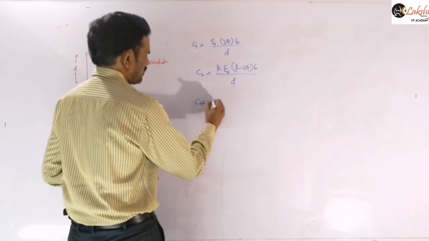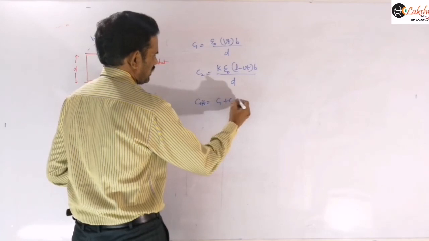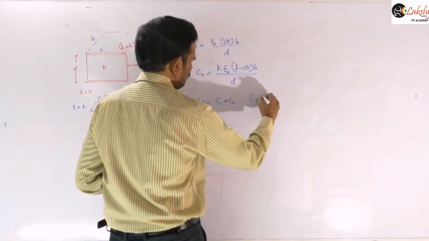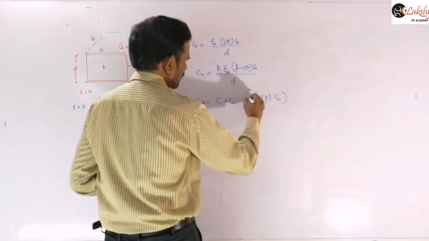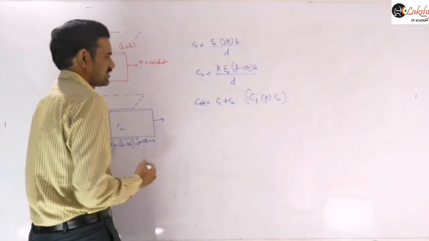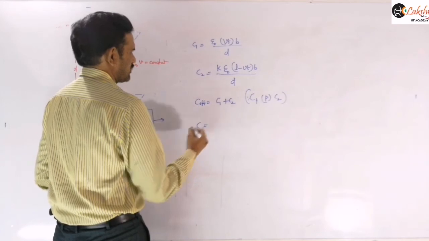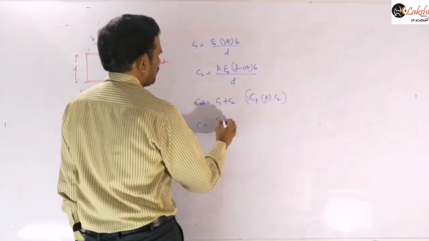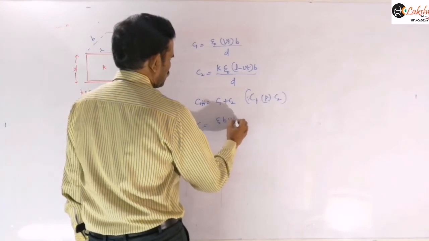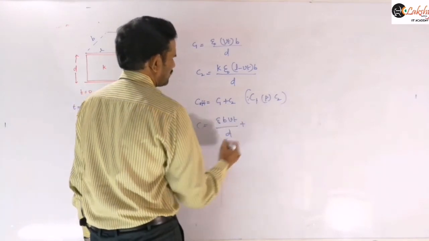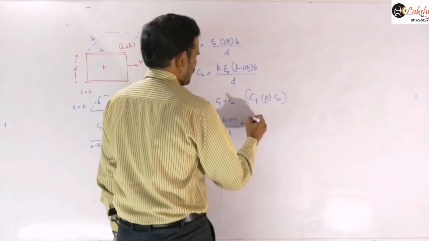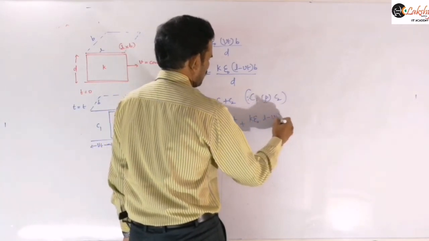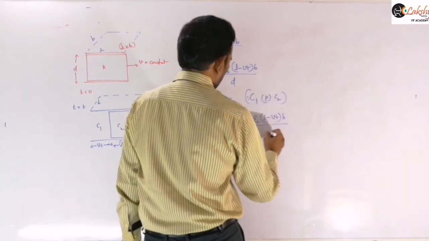So C effective is equal to C1 plus C2, because C1 is in parallel with C2. Therefore the effective capacitance I can write as epsilon naught B by d into vt, plus K epsilon naught into L minus vt into B by d.